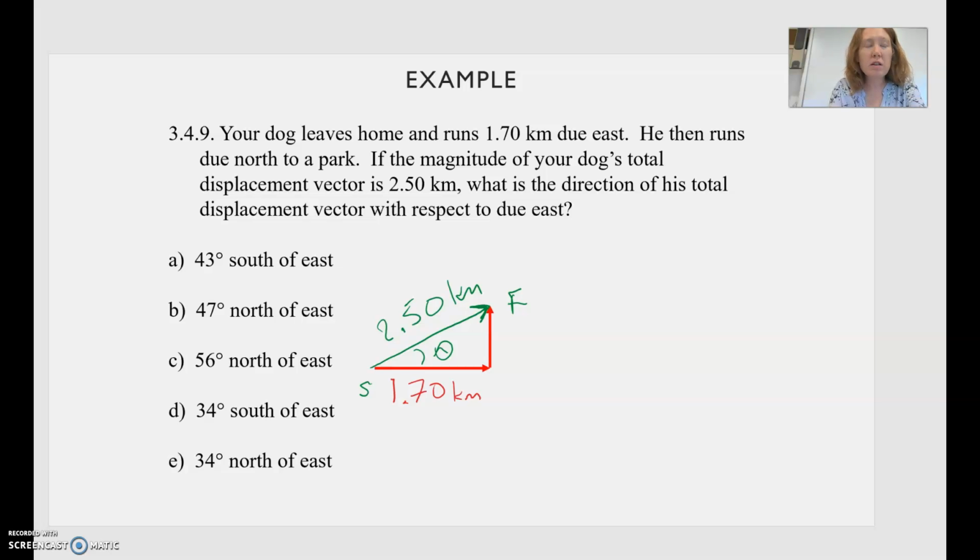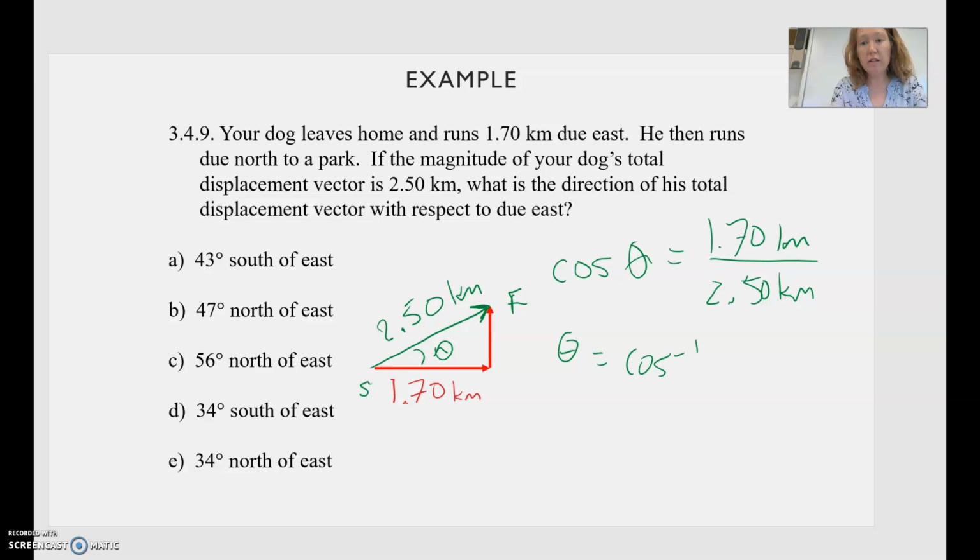So wouldn't I use cosine? Cosine of theta is adjacent over hypotenuse. Ooh, this is really bad handwriting. And then you would do inverse cosine of both sides. So then theta is inverse cosine of that, and I get 47 degrees north of east. Okay, all right.